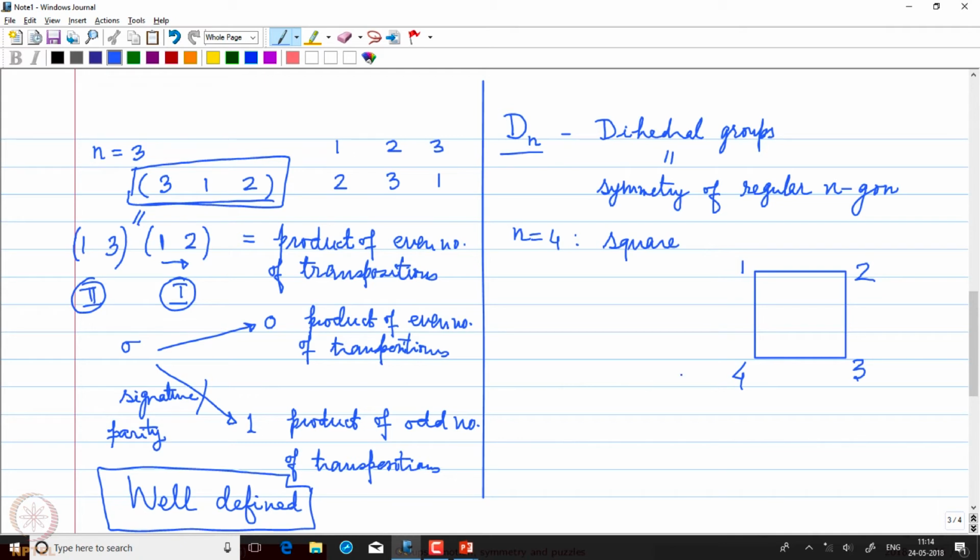I can have various symmetries of this square. I can rotate it by 90 degree, I can rotate it by 180 degree, by 270 degree. I can also flip it, right? So let me denote R to be rotation by 90 degree in, let's say, anti-clockwise direction.